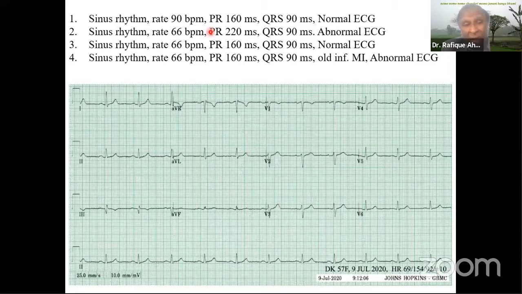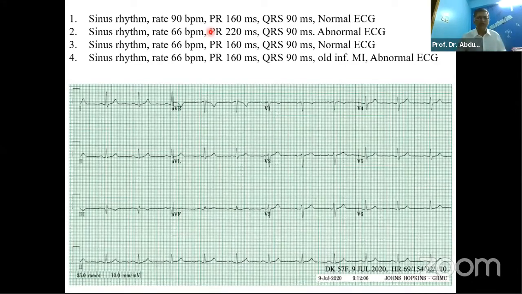Wadud, can you comment on answer D, which is sinus rhythm with old inferior myocardial infarction? One person said old inferior myocardial infarction. Regarding MI, it has always been emphasized: you cannot diagnose MI on the basis of a single lead.